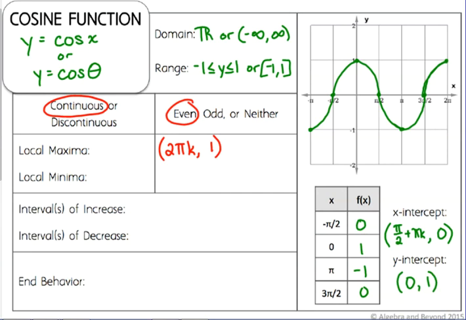So 0, 2 pi, 4 pi, etc. For our minimum, it's at pi, it's at negative pi. So we have to do pi plus 2 pi k to get all of our minimum values. Pi plus 2 pi k, and the y value is -1.